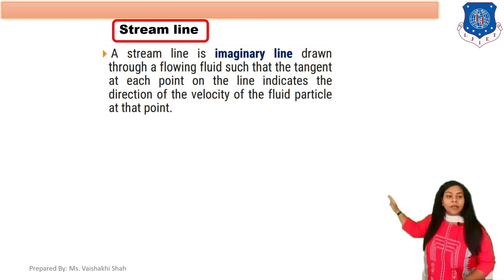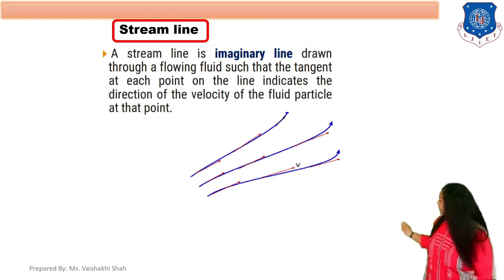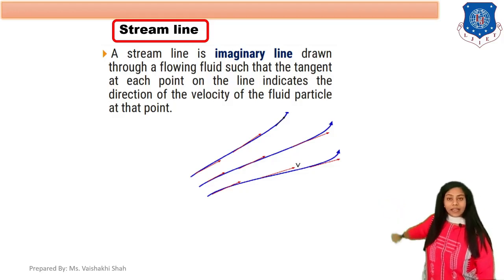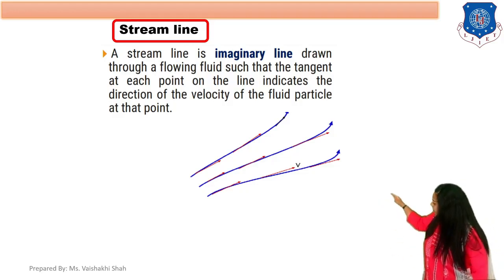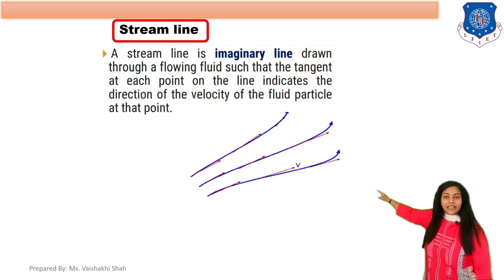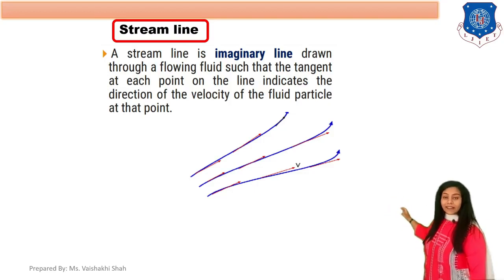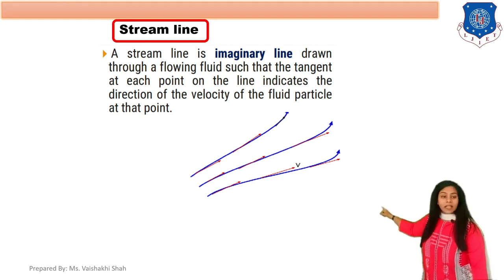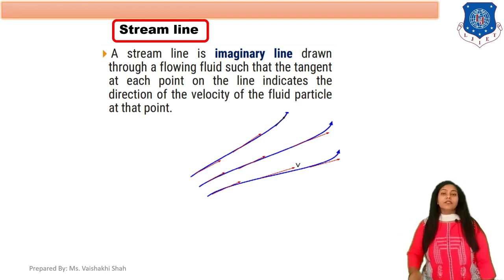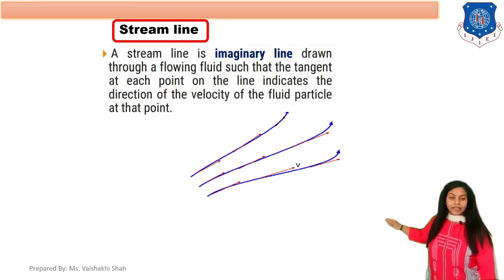A streamline is an imaginary line. If we take these three lines and draw tangents, highlighted in red, these tangents indicate the velocity of the flowing particle.